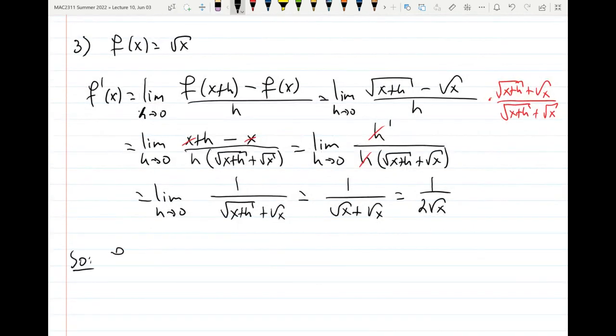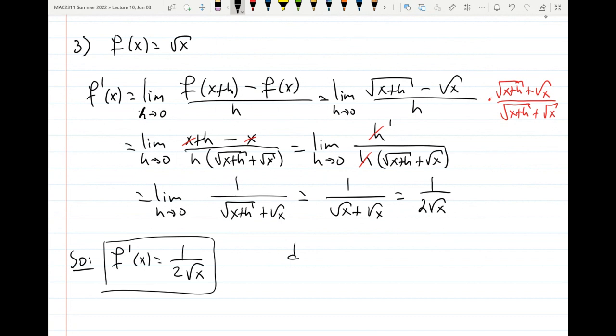So f prime is 1 over 2 square root of x. And to write it in Leibniz notation, d dx is the derivative with respect to x, that's how we read it, of the square root function is 1 over 2 times square root of x.